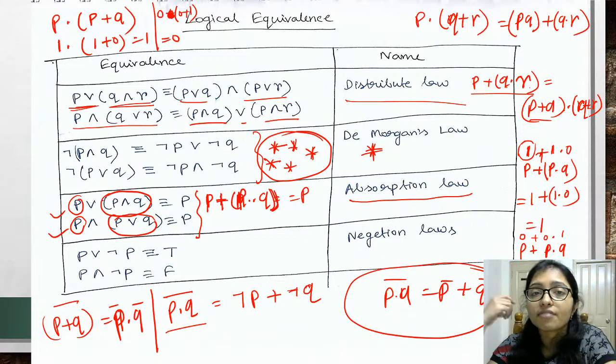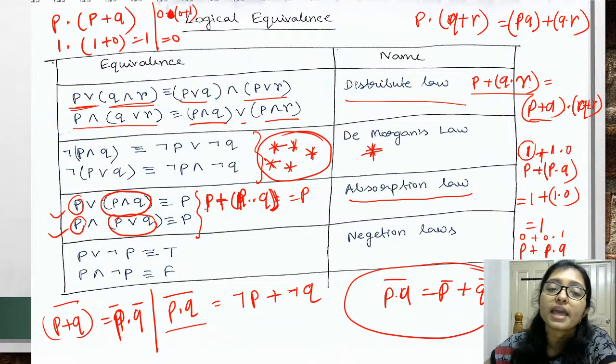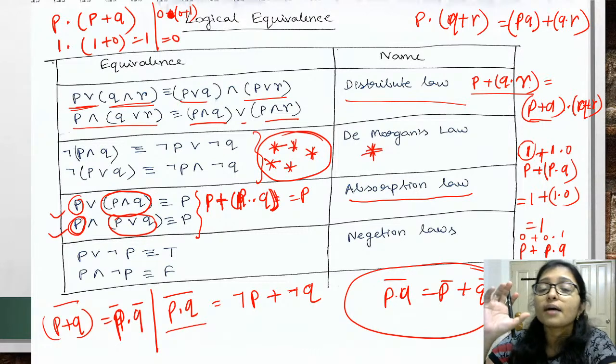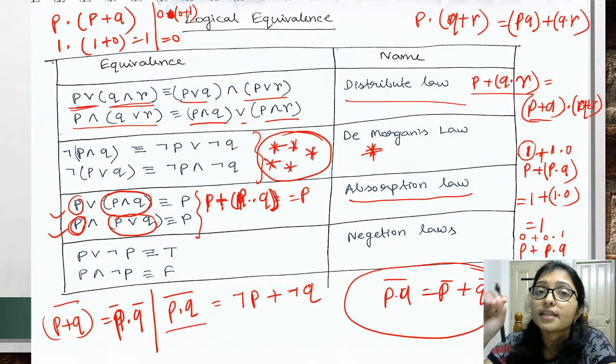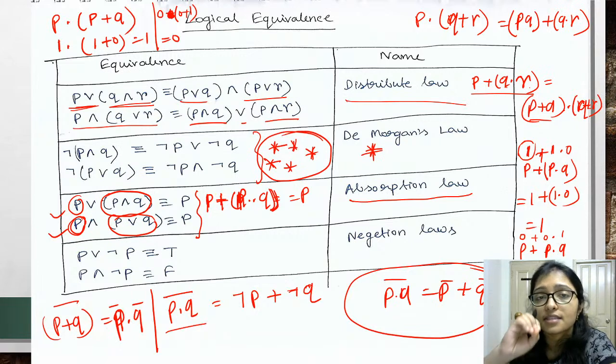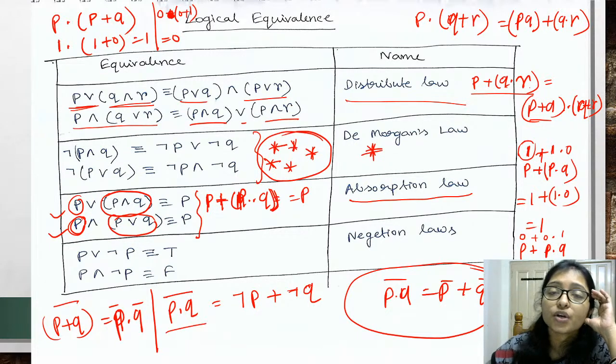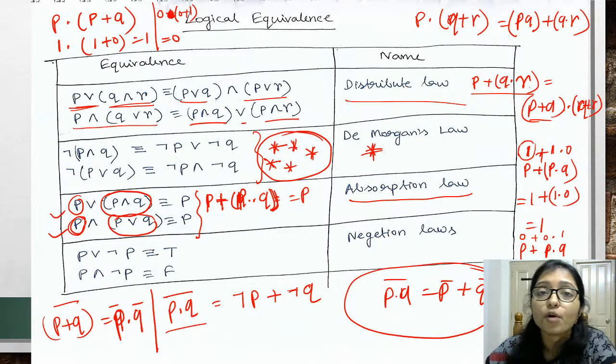After that, whatever it is absorbing, only P is coming as the result. So if you forgot the formula also, then you can apply this theory. Try to apply this and learn practically, so you will never forget. This theory, this formula are very important for solving the simplification.